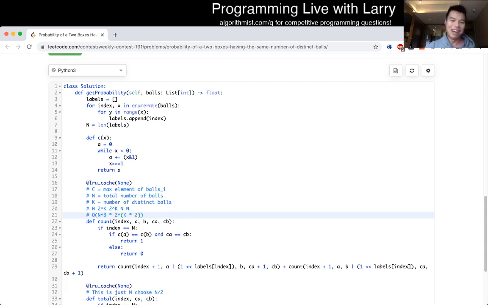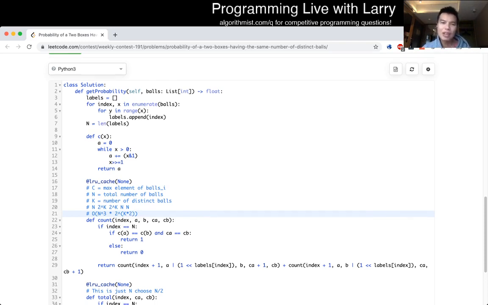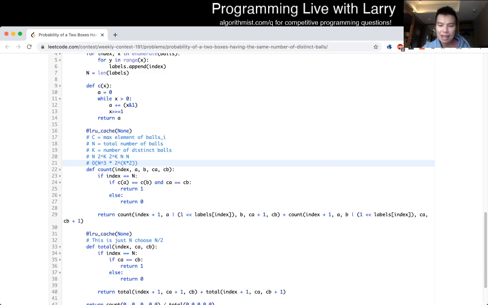And you may wonder, how does this run in time, right? Well, it turns out, and this is the one thing that is sometimes good with top-down memoization if you do it correctly, that you don't explore all the states. A lot of these states are not visited, and you wonder why.